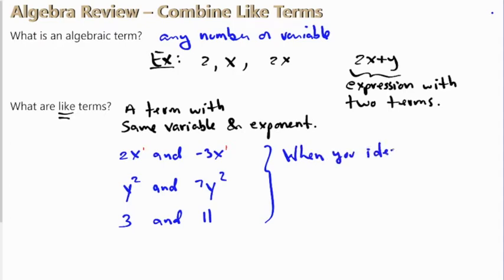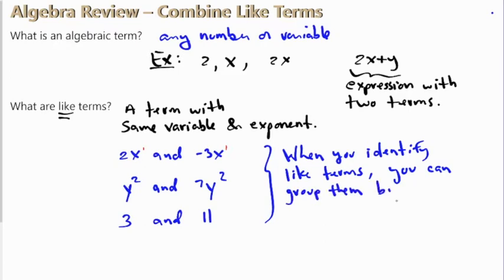So when you identify like terms, you can group them together by combining their coefficients.